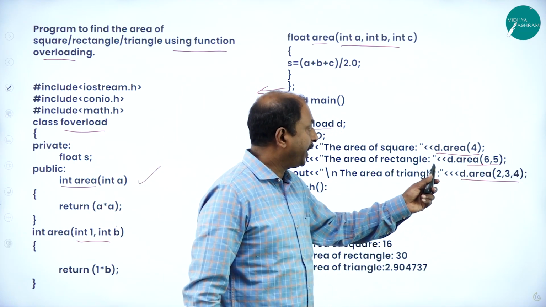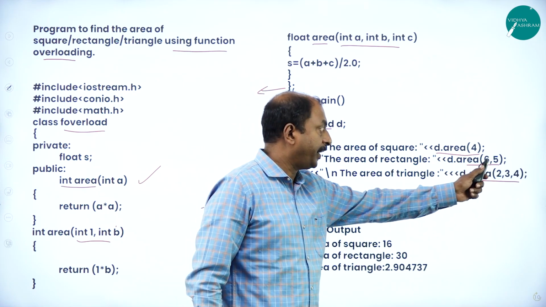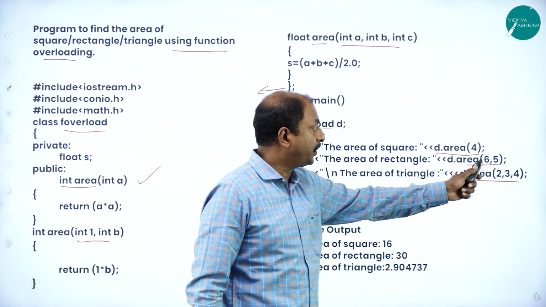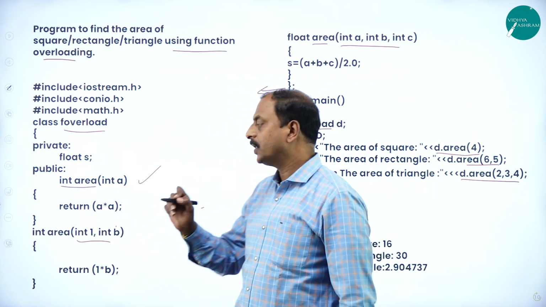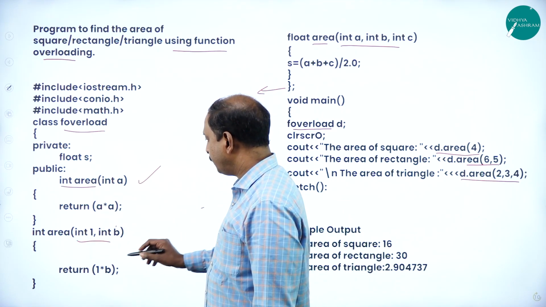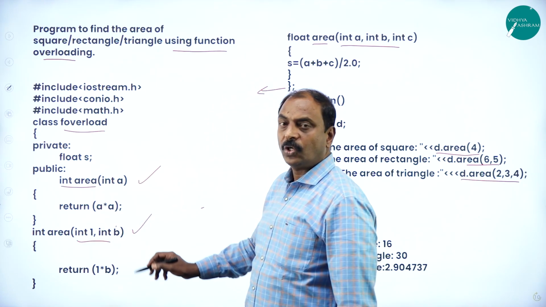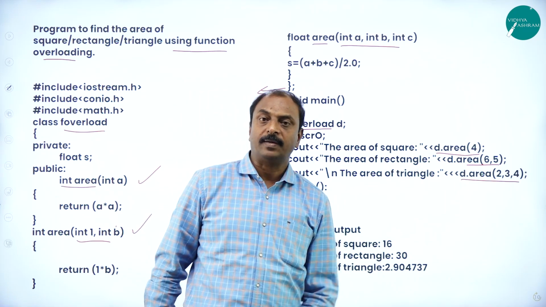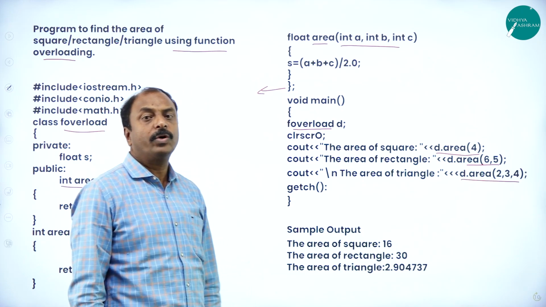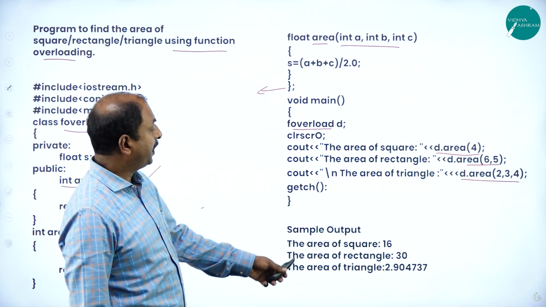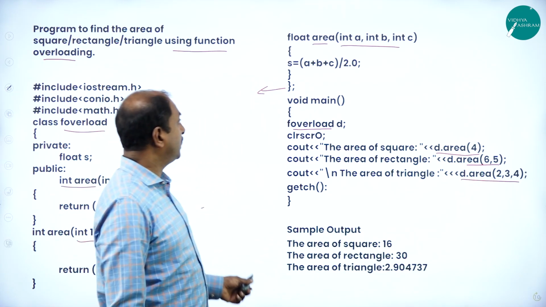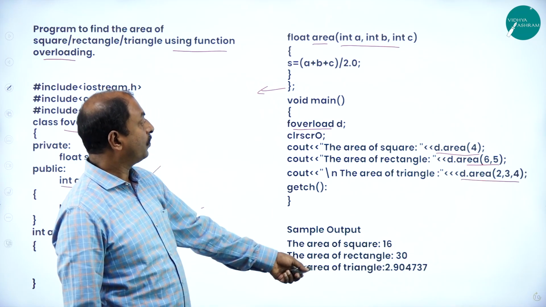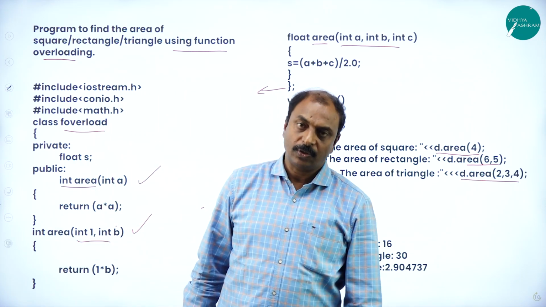As soon as the compiler comes to execute this statement, the control transfers from here to the second function where there are two parameters. So in this example, it executes the second one. After completing this, it goes to the next line. Similarly, this is how the compiler executes the overloaded function. So accordingly, this is the output of the program on function overloading.